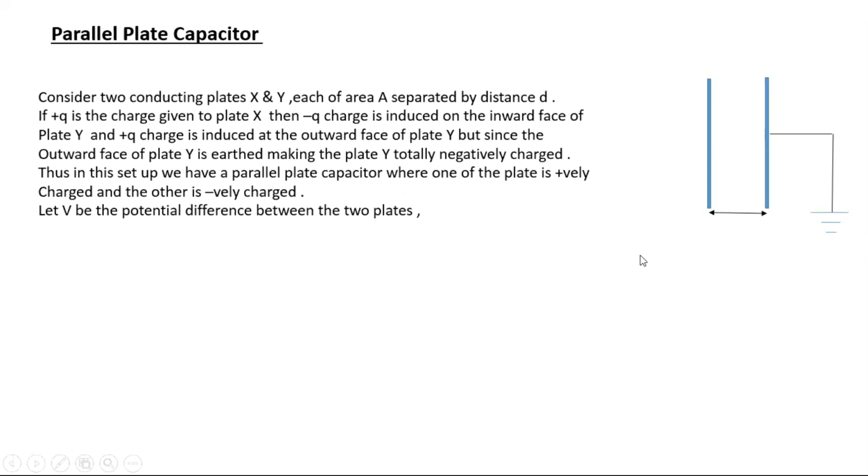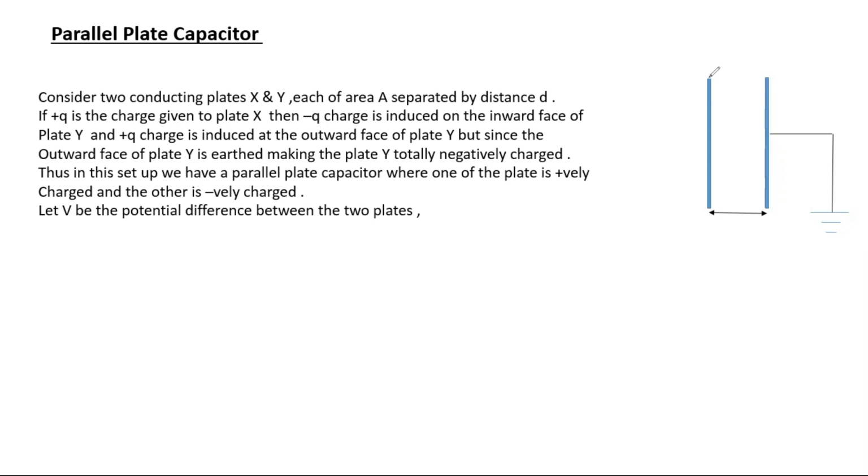Here we are going to understand the parallel plate capacitor. First, we will understand the construction of such a capacitor, and then derive the capacitance value. As you can see in this diagram, you have two metallic plates.